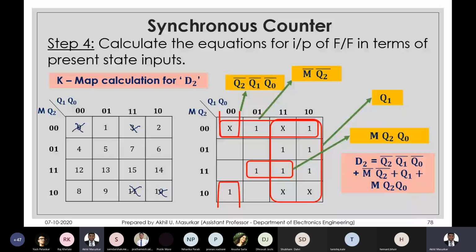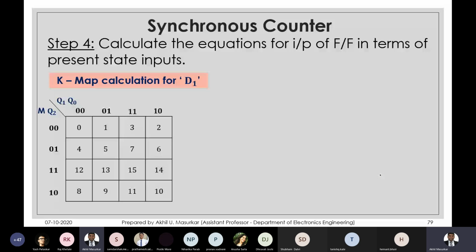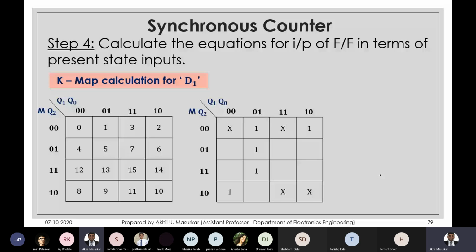Okay, let's go to D1. Again 0, 3, 11 and 10 are don't cares. So this is the K map for D1.